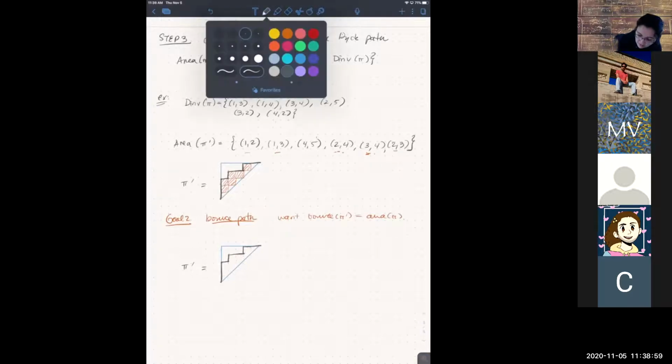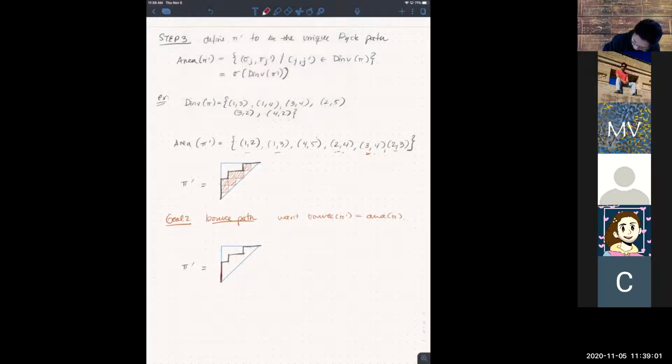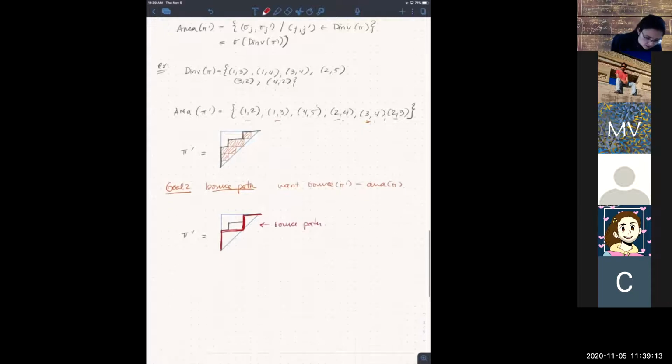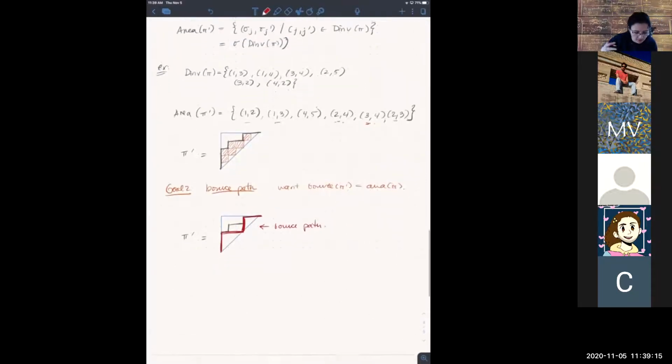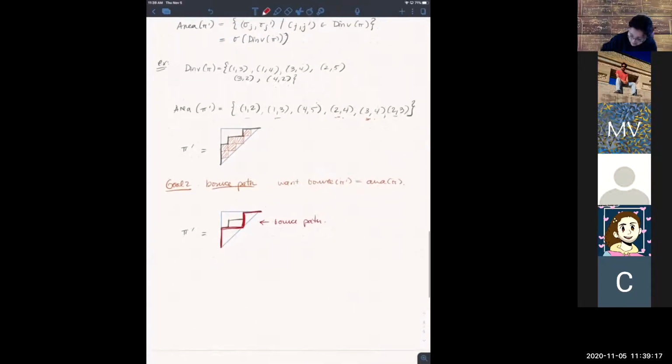then the bounce path would be the one you get by just going up to the north, bouncing back all the way up and down, right? That would be our bounce path. So this is, as always, the bounce path that we saw before, right? And for this bounce path, we can define bounce blocks, which are just going to be these spaces, right?